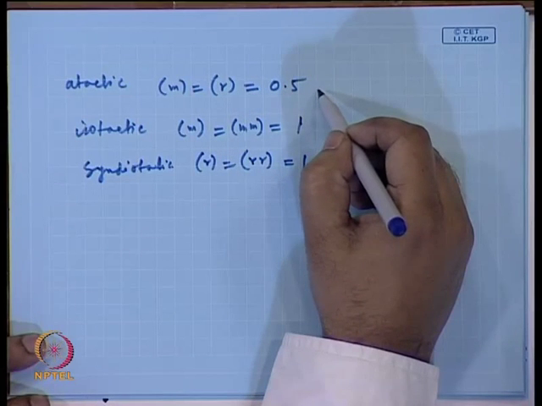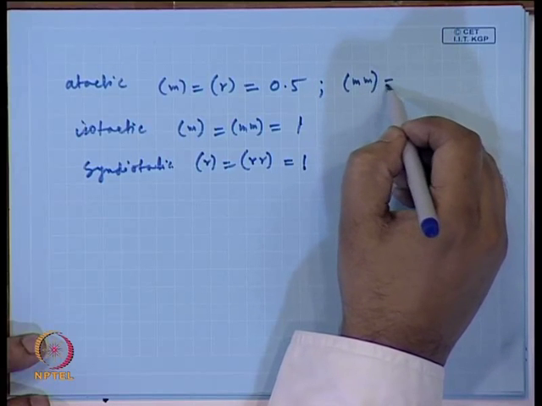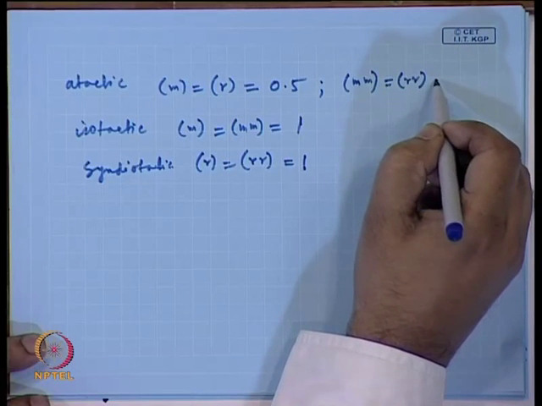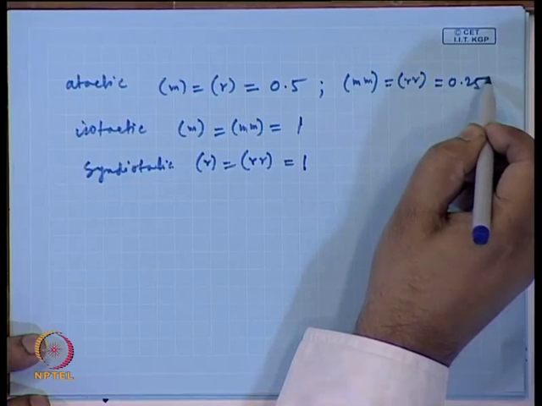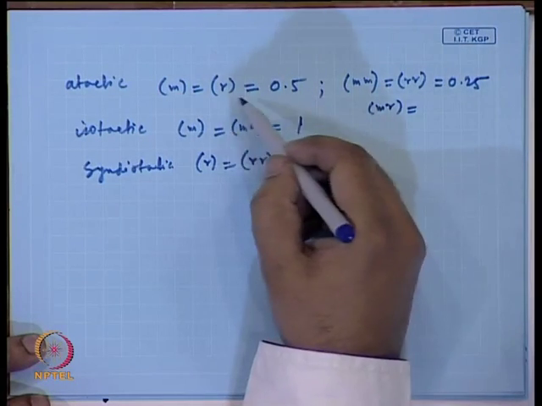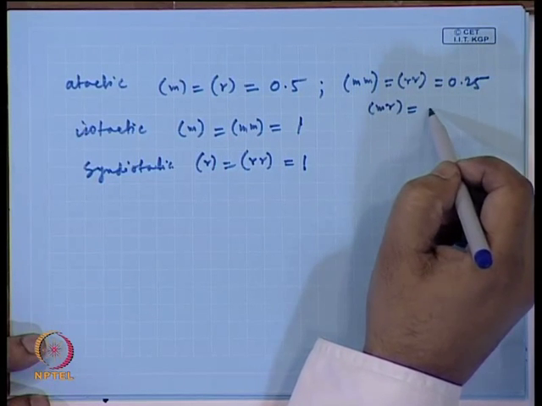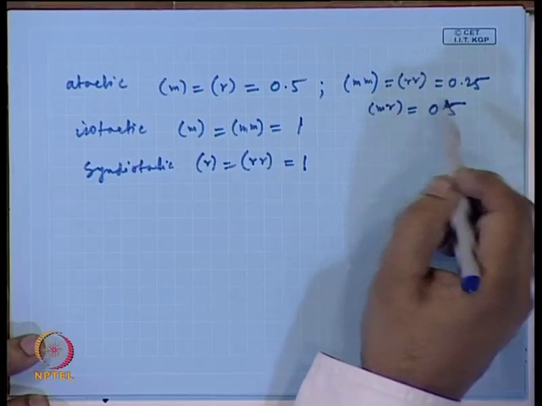Now, in case of atactic, you can also write MM and RR as 1/4, whereas MR, if you have this 50-50, then obviously the MR triad will be half. So, you can write this.